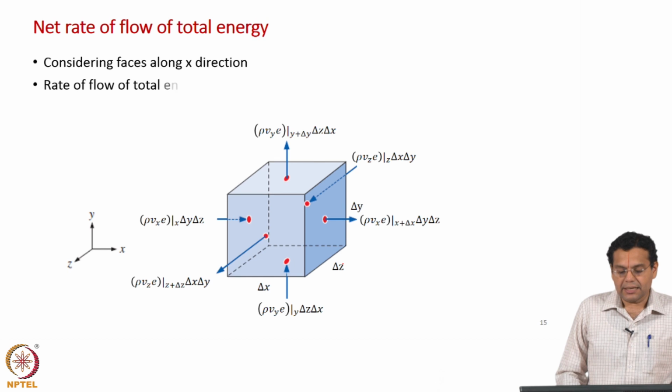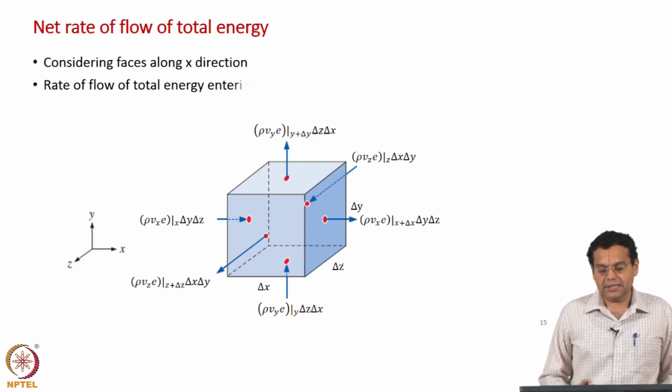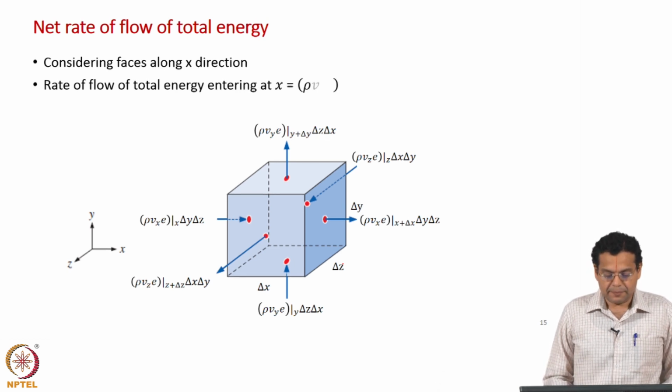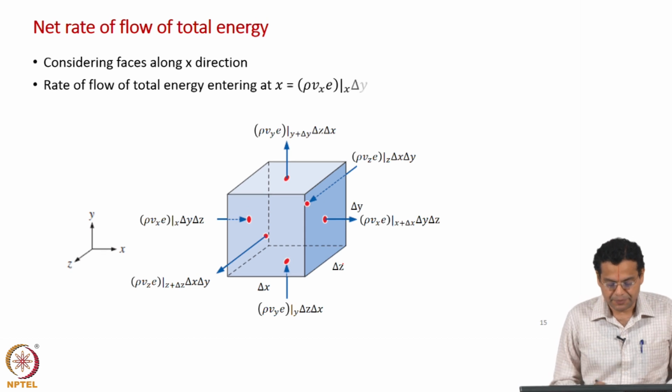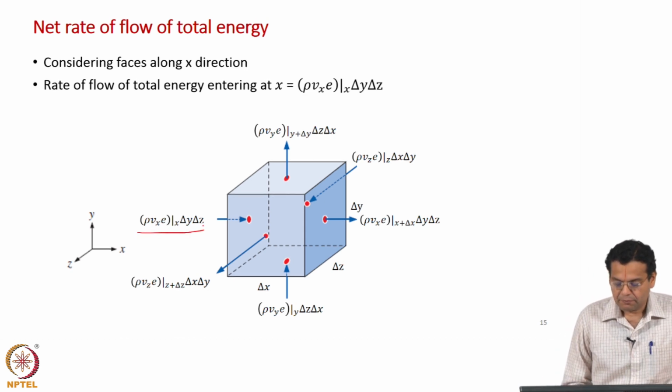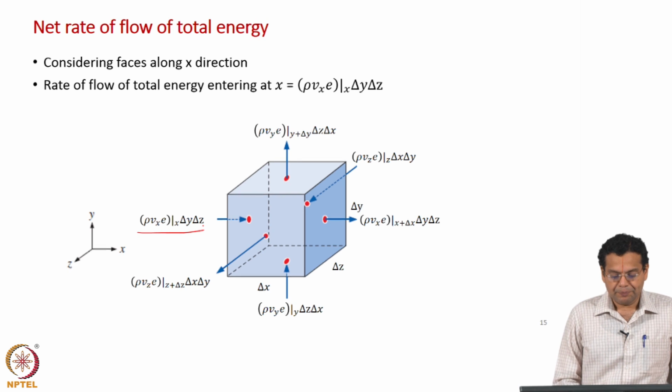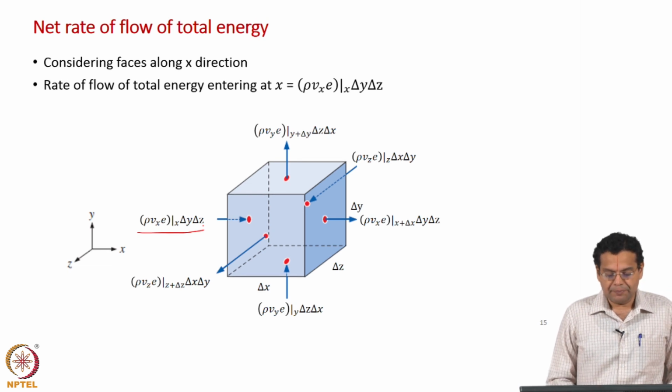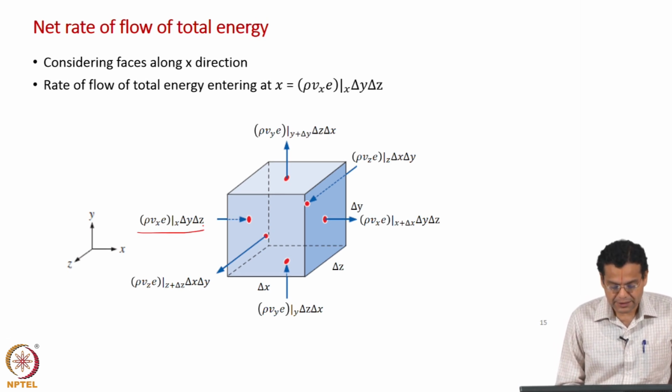What is the rate of flow of total energy entering the left phase? That is what is shown here. Now, how do we interpret this? As we have been doing earlier, we can interpret in 2 ways.